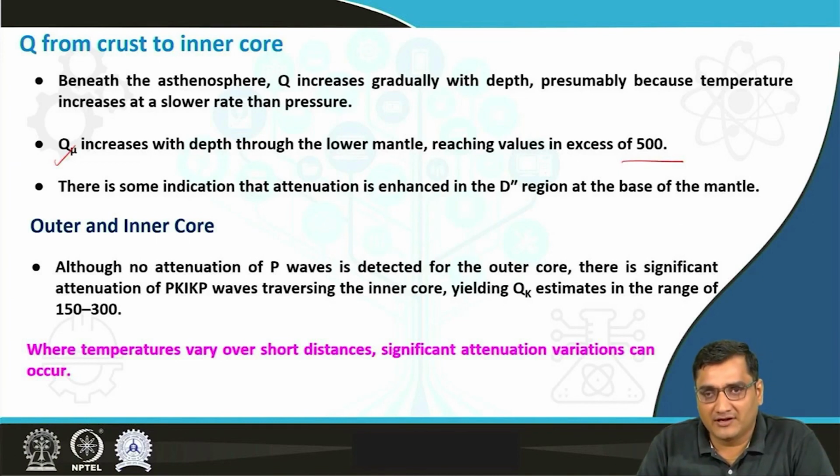The value of the attenuation is significant for the PKIKP wave traversing the inner core, which yields Q estimates in the range of 150 to 300, and where the temperature varies over short distances, significant attenuation variations may occur.